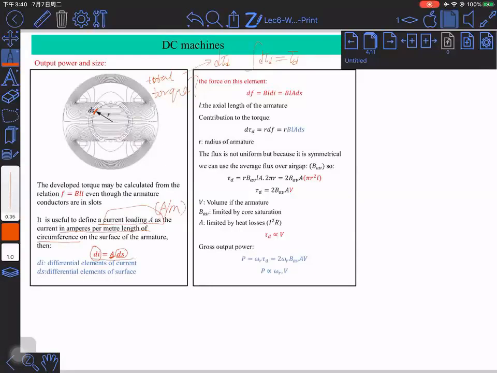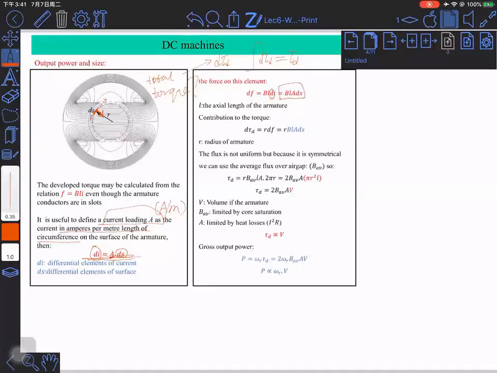And if we know this current, we can calculate the force. The force, according to F equals BLI. Now I is dI, so what we have is just B L A times ds. That's the force. And because for this kind of DC machine you always have the air gap fluxes in this way, which is perpendicular to the force, the force can be in either direction, but it's always in the tangential direction.